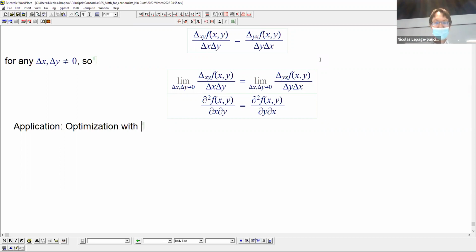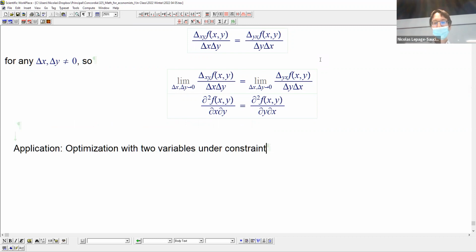Optimization with two variables under constraint. This is something that you have to do for the homework, and that you have to do all the time as economists, because all the time we have to deal with utility functions.